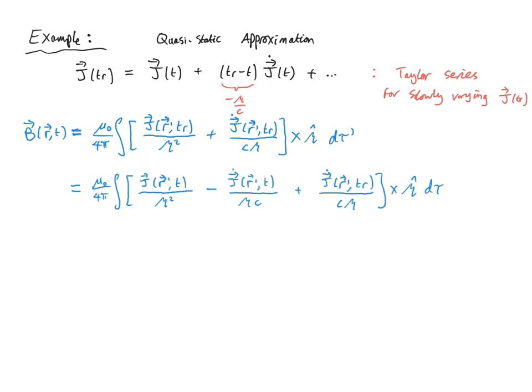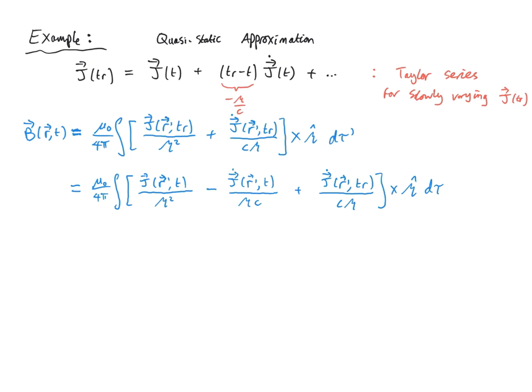And so we have this expression. Here I used the fact that this combination is minus script R over c. That's where this factor comes in. And the second term in the original expression is still here. Notice in particular, these first two terms are evaluated at time t, whereas the third term here is evaluated at the retarded time t_R.